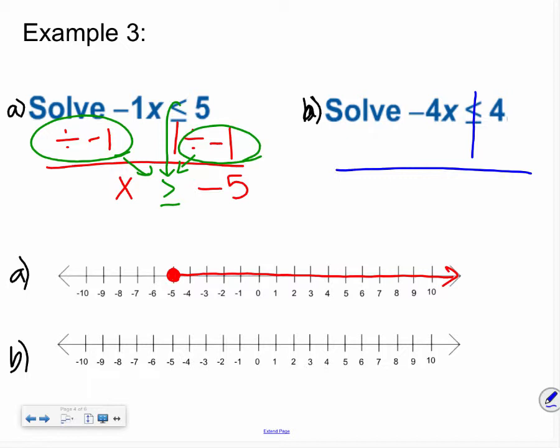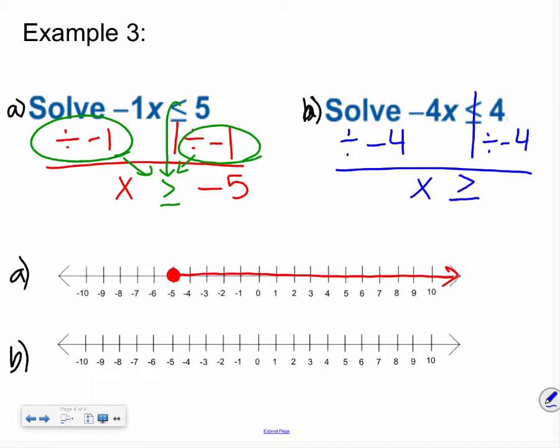All right, let's do another example. We have negative 4x is less than or equal to 4. Again, we have a negative 4x, so that means we're multiplying negative 4 times x. To undo multiplication, we're going to divide both sides by our negative 4. So then I have x. I divided both sides by a negative, so I'm going to flip my sign.